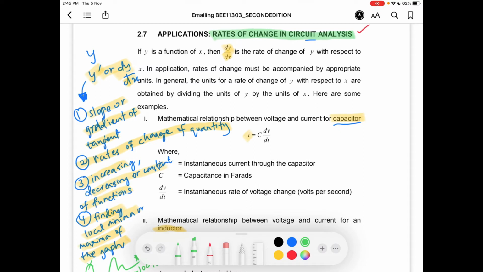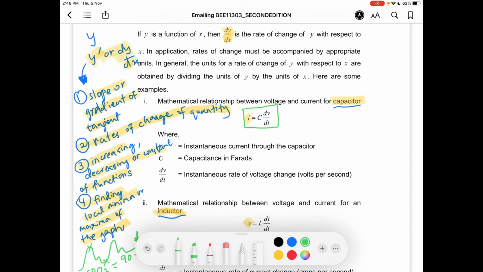Now for the capacitor, this is the formula that you need to apply to find the current for the capacitor. Actually, this formula is already derived.